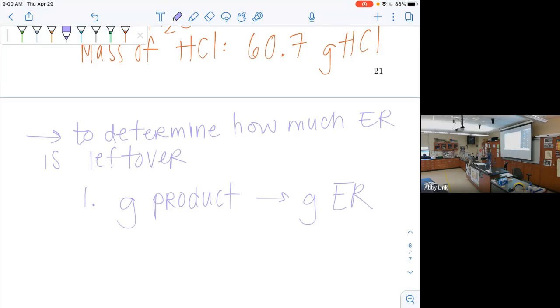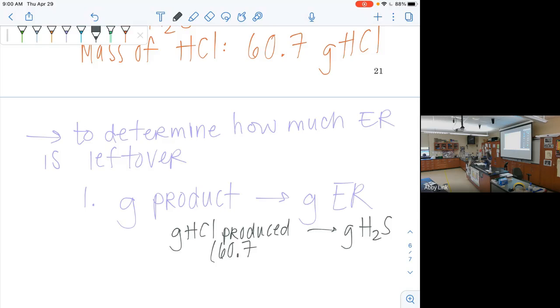So to simplify it for this example, you're going to go from grams of HCl that you produced to grams of H2S. Our grams of HCl that we produced was 60.7. So you're essentially going to go from grams of product to grams of excess reactant.